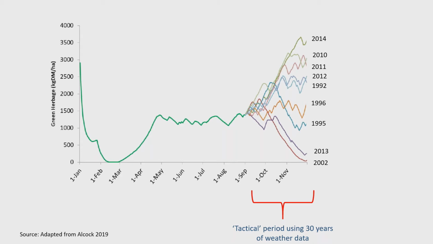The program uses 1990 weather over this period and models what would have happened. The program then goes back and applies weather from 1991 and runs that, and so on. So the end result is we get 30 possible outcomes, one for each of the last 30 years.